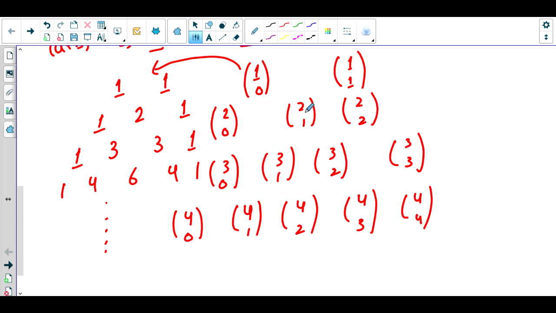You can check it on a calculator. With this you are getting the same answers as Pascal's triangle.